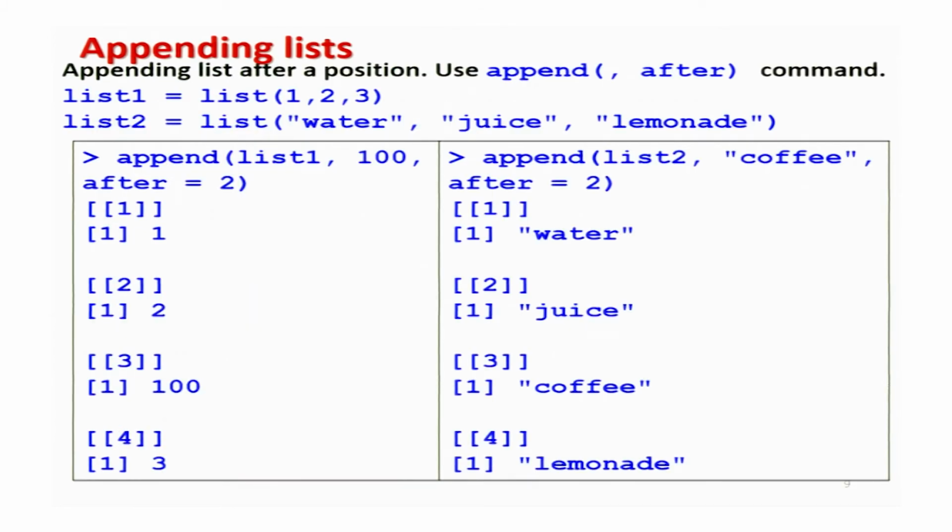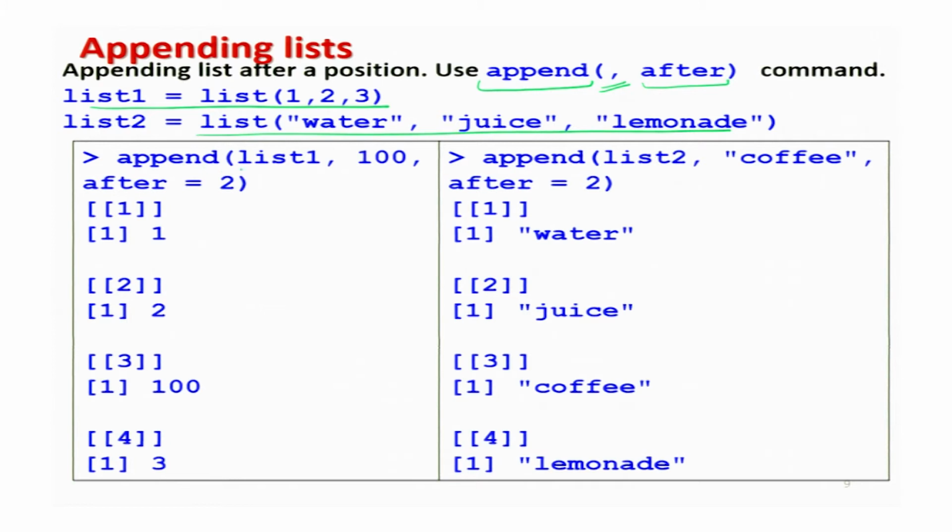And now, if you want to add something at a given location, suppose you want to add some number after a given location, then what are you going to do? For that we use the command append. So I take the same lists, list 1, 2, 3 and list water, juice, lemonade. Suppose I want to add the number 100 after the second position.